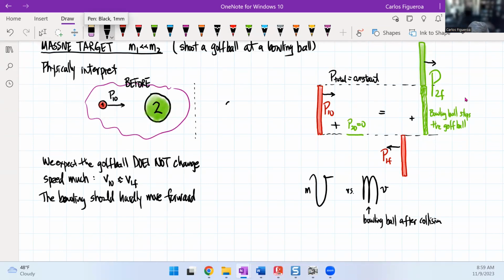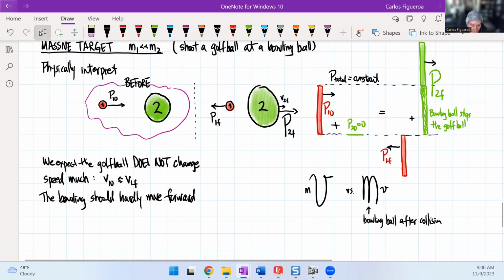Afterwards, this guy has a smaller momentum, but roughly the same. The bowling ball is going to barely move, right? It's going to have a slow speed, but it's going to have the same momentum afterwards. So picture-wise, it has to look like that. The lion's share of the momentum is with the bowling ball, not the golf ball.